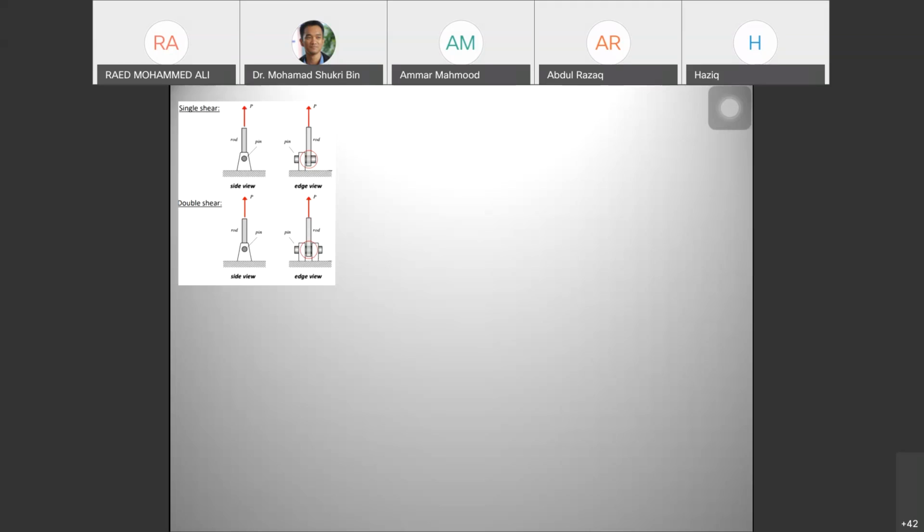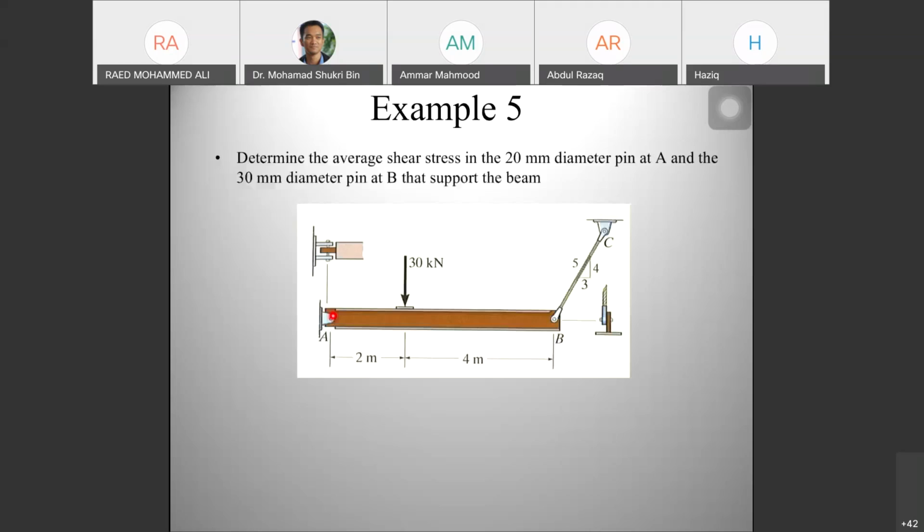If we look at the pin at A, you need to pull 2 times in order to separate this beam from this support. So this is double shear. At B, you need only to pull once in order to break this pin. So this is single shear.